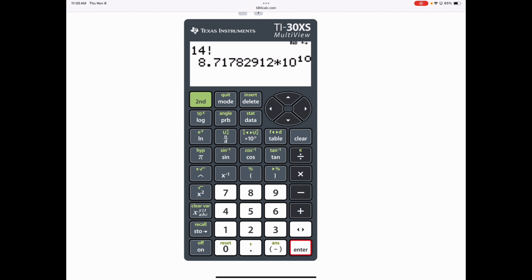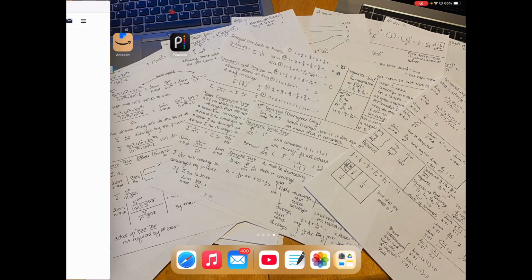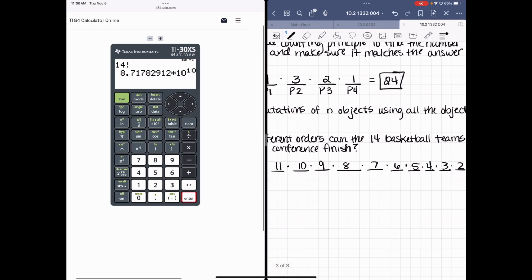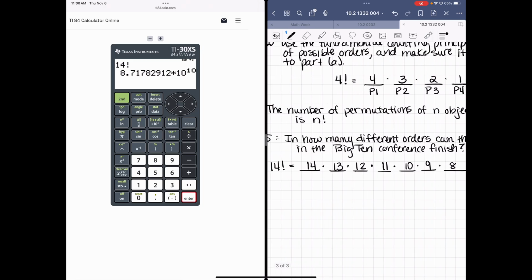So I wind up getting 8.71782912 times 10 to the 10th.